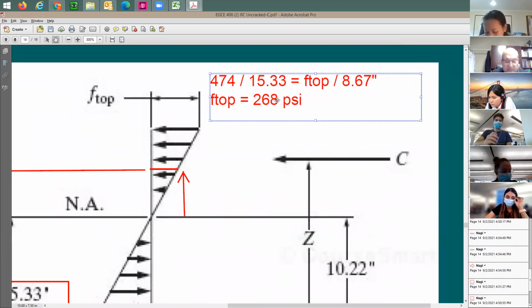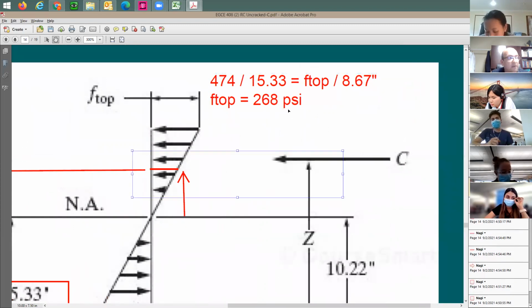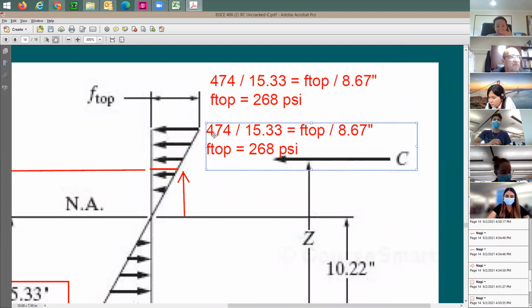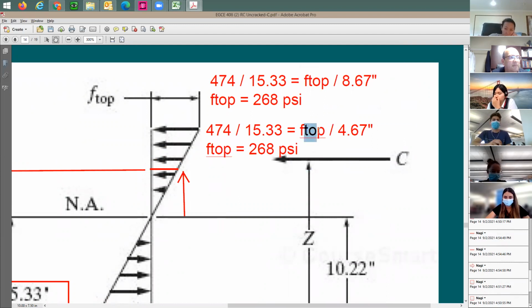So let me copy the equation here and see what changed. 474 divided by 15.33 is the same slope, but here it is 4.67, and it's not going to be F top, it's going to be F bottom of flange. So I'm going to say F BF, bottom of flange, which is the stress right here. How much is the stress in this case?